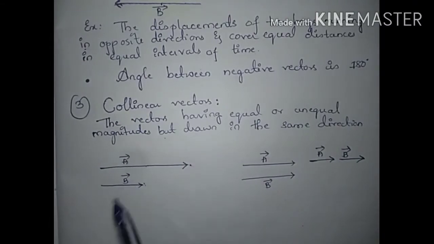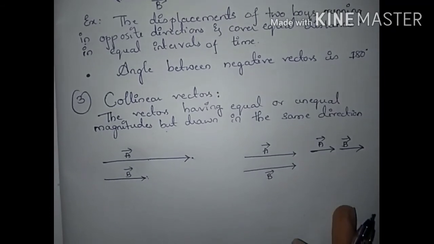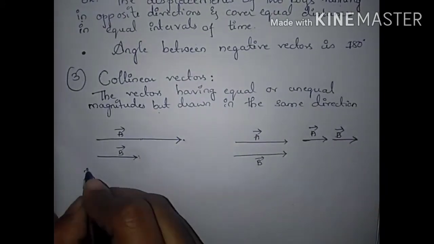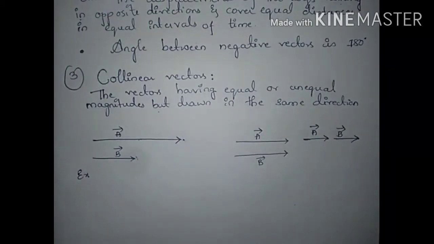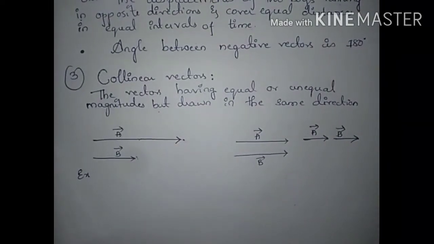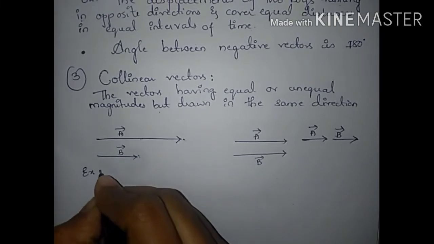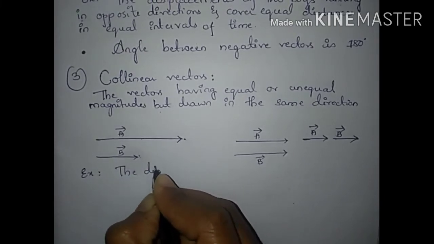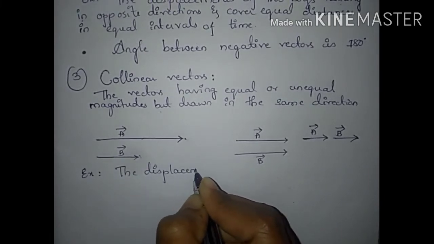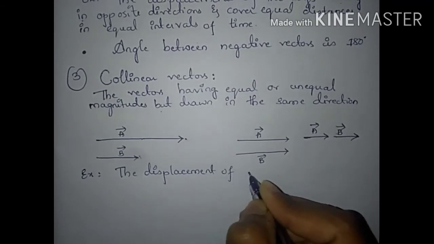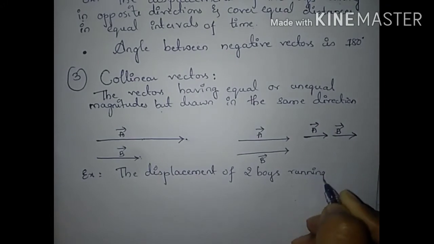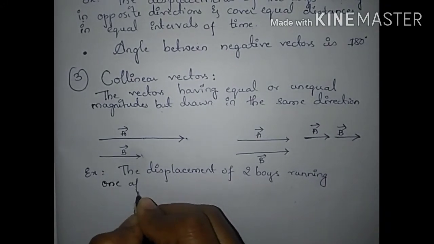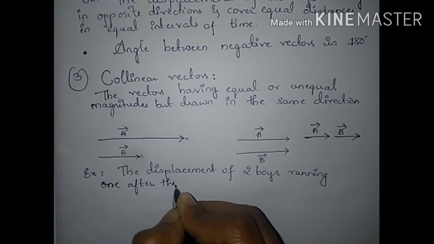So here A and B are collinear vectors. Now the example for collinear vectors is again similar to the example of the negative vectors. Here the displacement of two boys running one after the other.